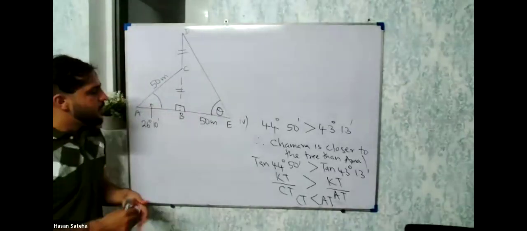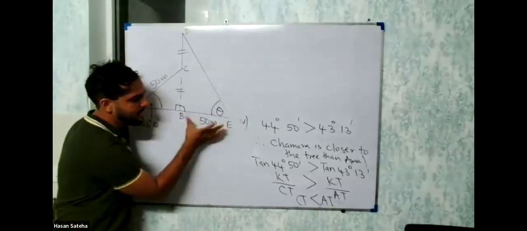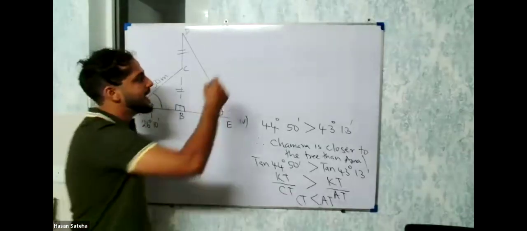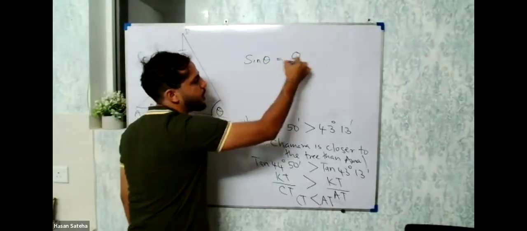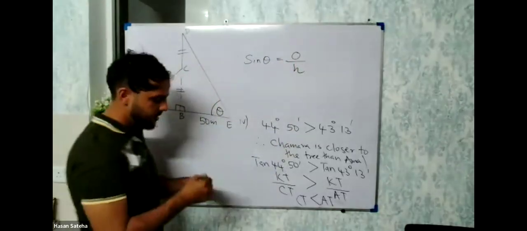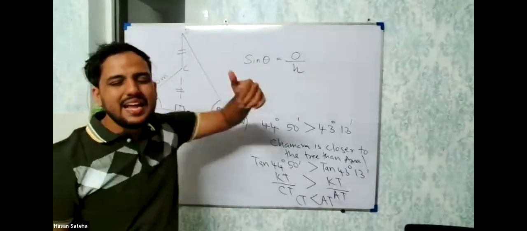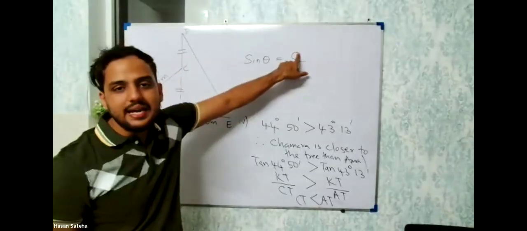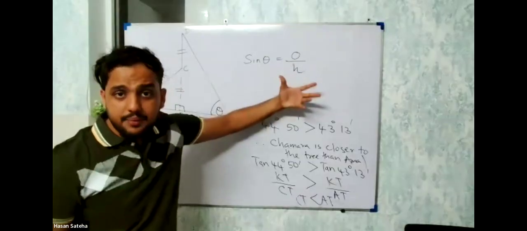Now we start working backwards. If you need this angle, now you have one value. To find an angle, you can take any of the three ratios. I'll take an example. Sine theta is opposite over hypotenuse. If you know the angle, you need at least one angle, one side, to find any of the other sides.